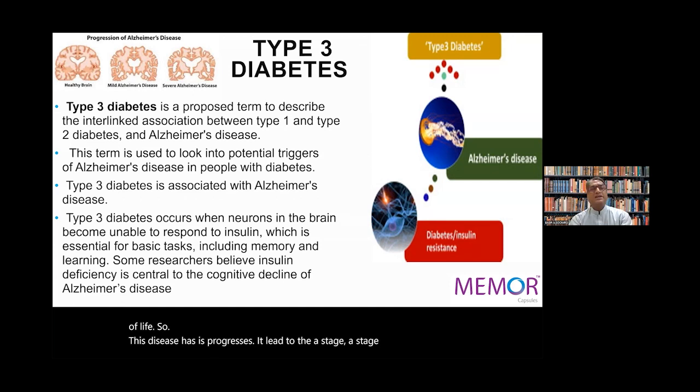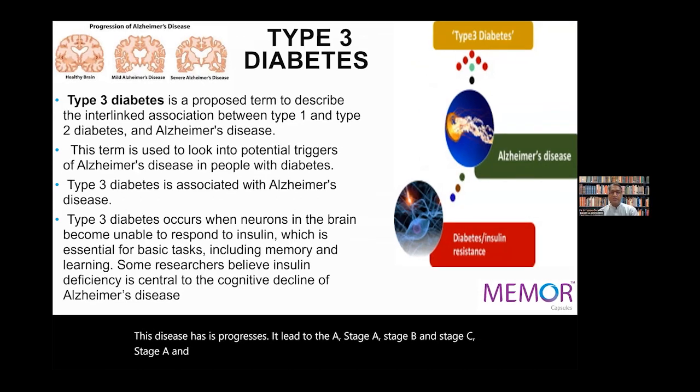So this disease, as it progresses, leads to stage A, stage B, and stage C. Stage A and stage B are very important to pick up when you diagnose Alzheimer's disease, and when you start them on treatment, they respond very well. This is called the milder to moderate form. If it is severe, then severe Alzheimer's disease is not reversible.